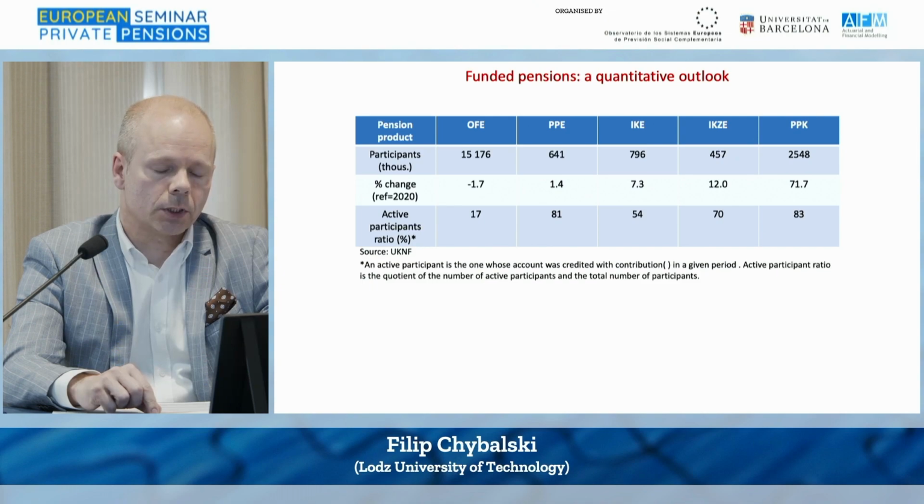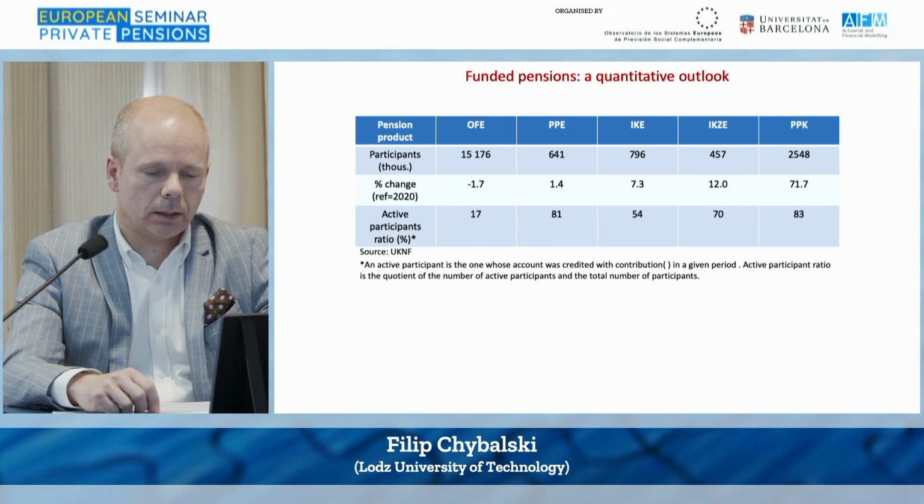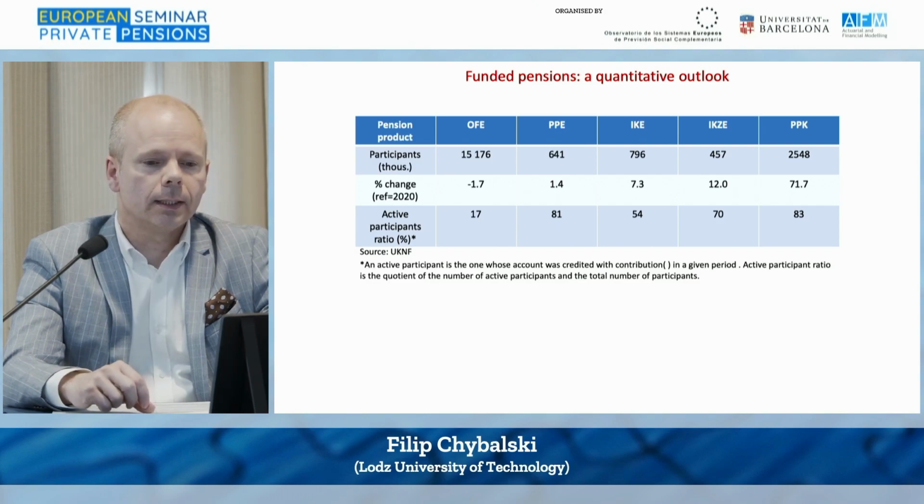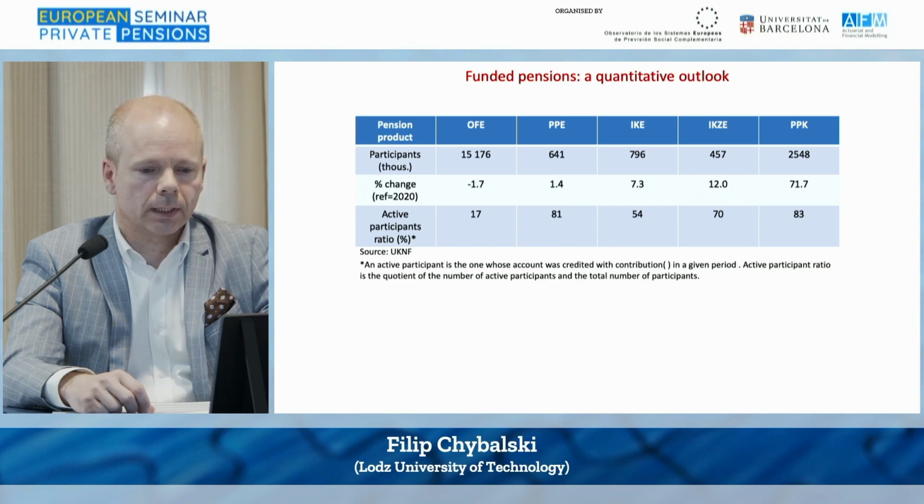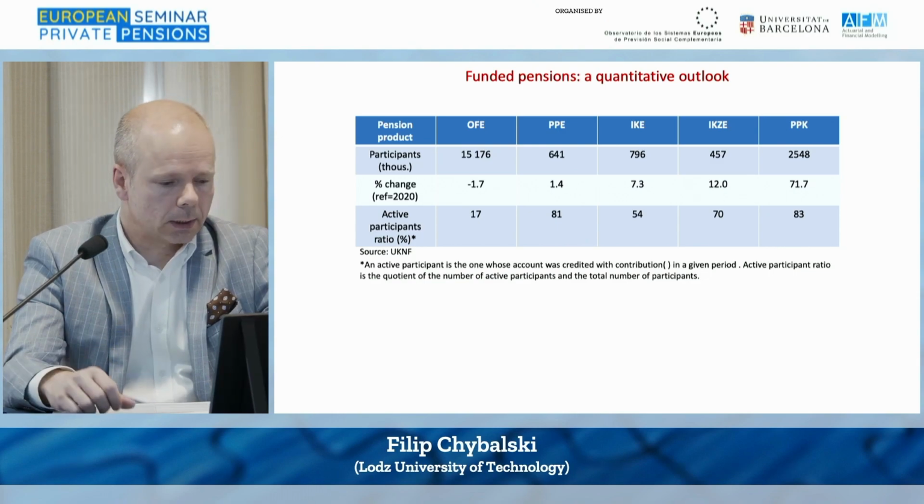In PPE, which is an employee scheme, it is over 80%. IKZE, which is an individual saving scheme, it is 70%. However, it's an element of tax optimization for richer people, let's say.